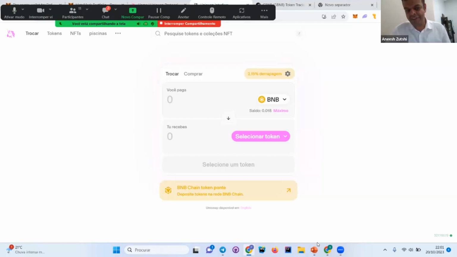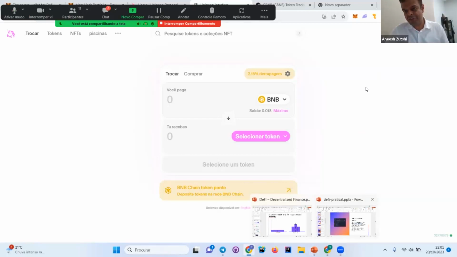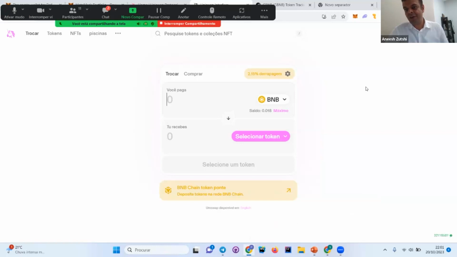EVM is the Ethereum Virtual Machine, so all chains that are compatible with Ethereum or Solidity code, like Binance Smart Chain or Matic, you can literally take your Ethereum code and just paste it, and you will create the same dApp on the other chain. So this is what it is.